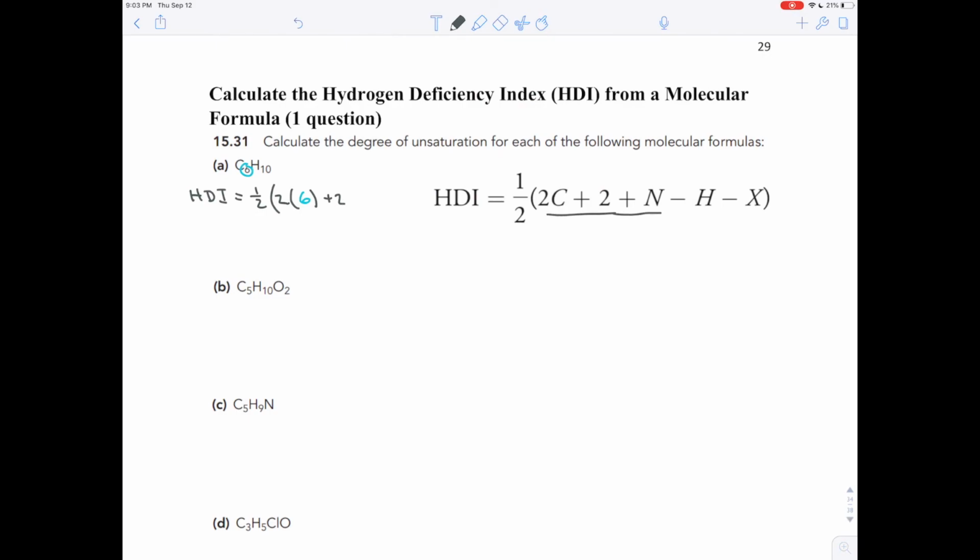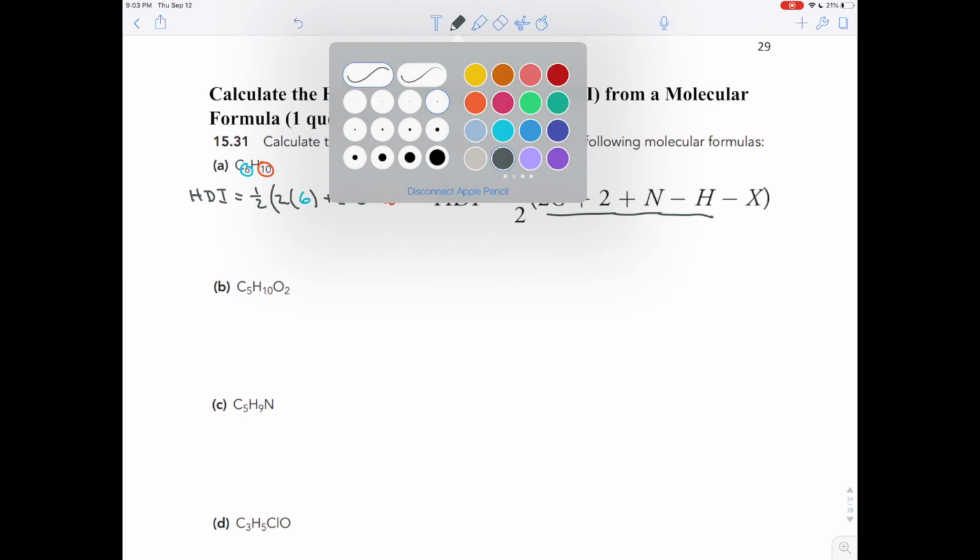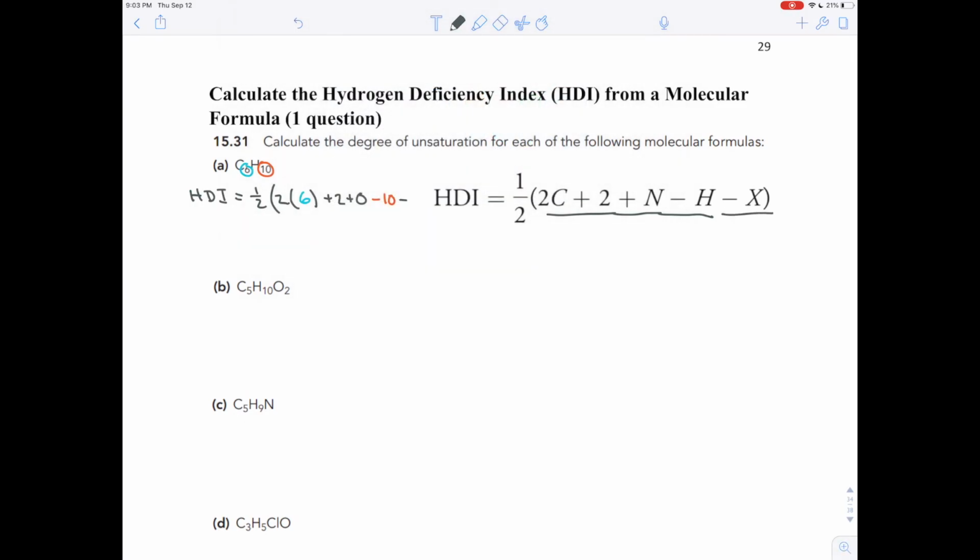There are no nitrogens, so plus 0, minus the number of hydrogens, there are 10 of these, and then minus the number of halogens, there are 0 halogens in this.